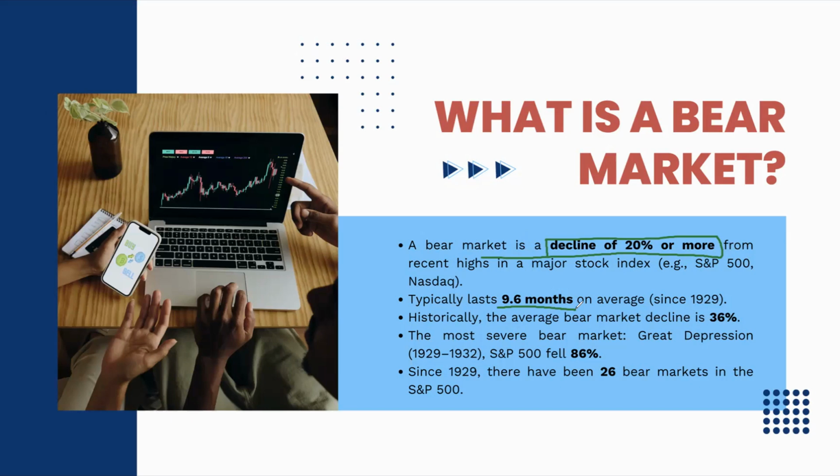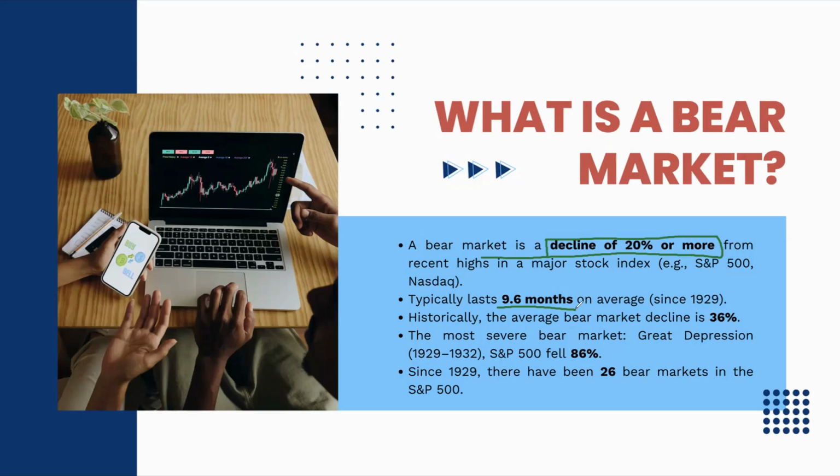And when we are in a bear market, on average, the decline on record is about 36%. So in your average bear market, it's not just going to be, okay, we came down 20%, we're good, we're coming back up. No, the average is actually lower than that, at 36%.